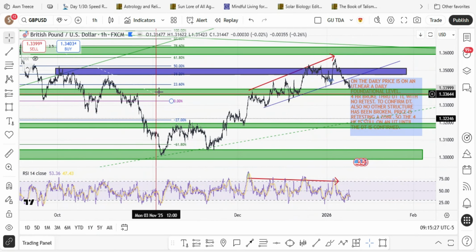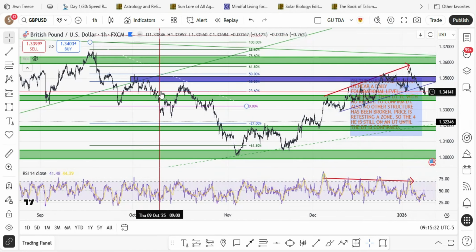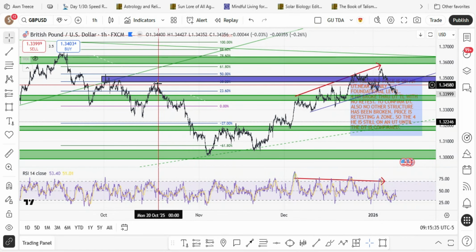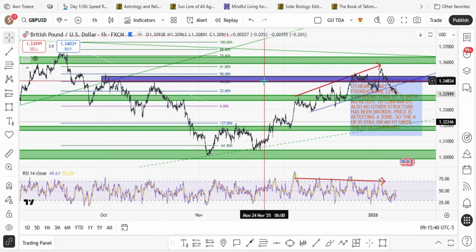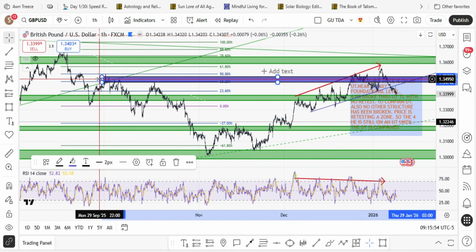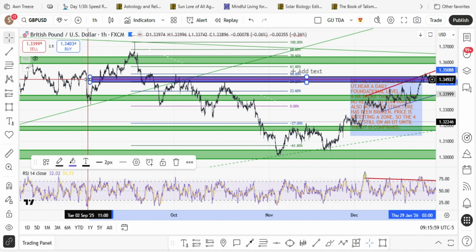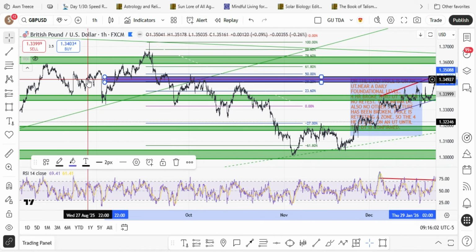So this is price on the downtrend. Price did go above here. It did. I don't think this is a good one. Maybe.